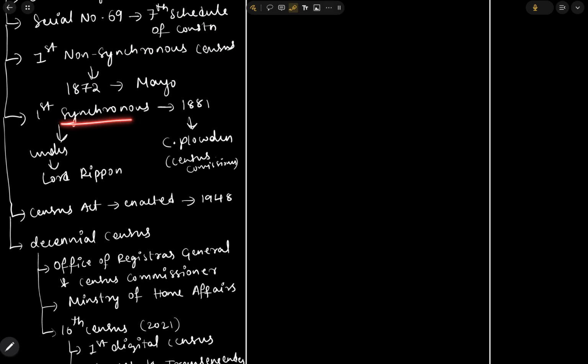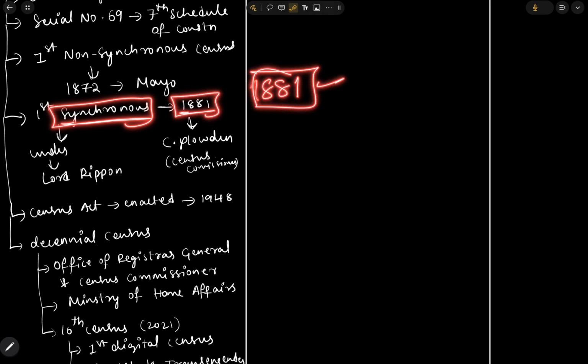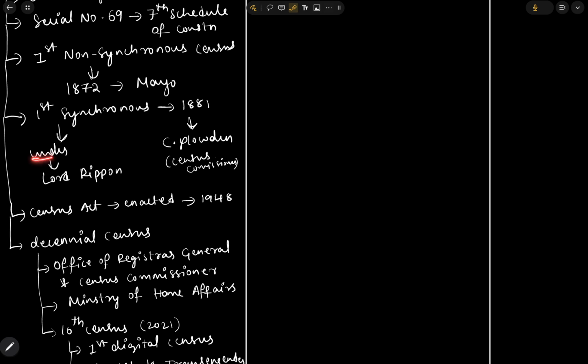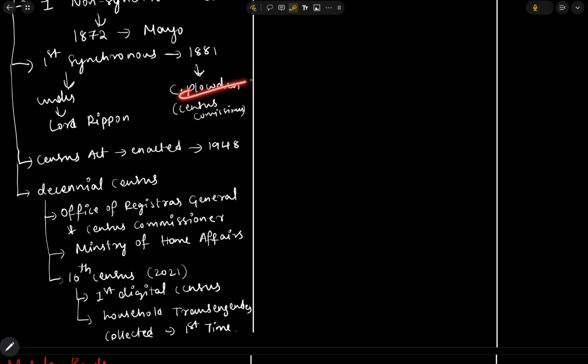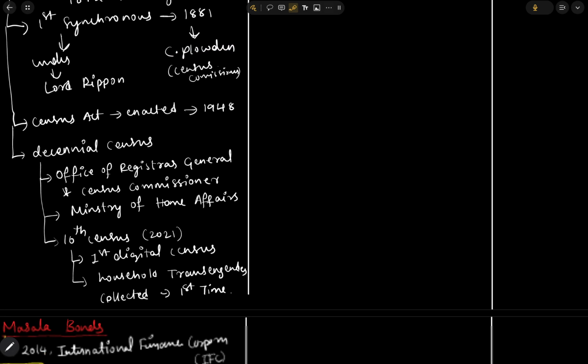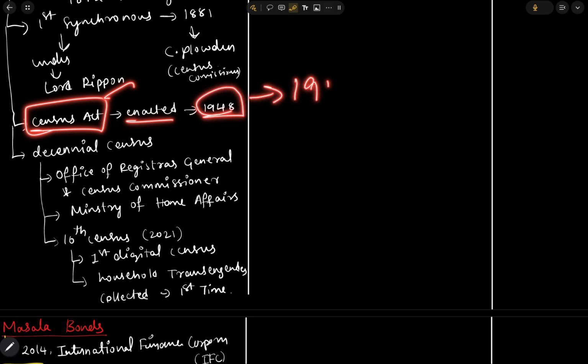Next, the first synchronous census happened in 1881 under Lord Ripon, and the census commissioner was W.C. Plowden.